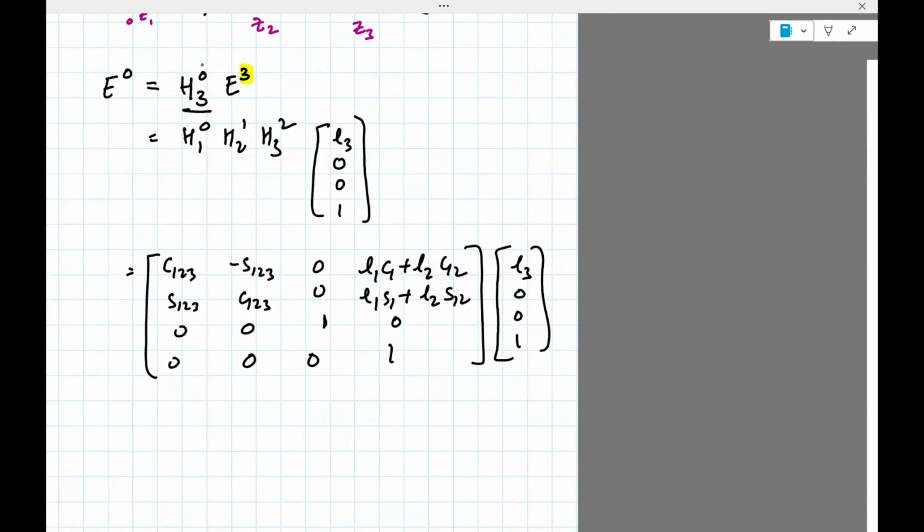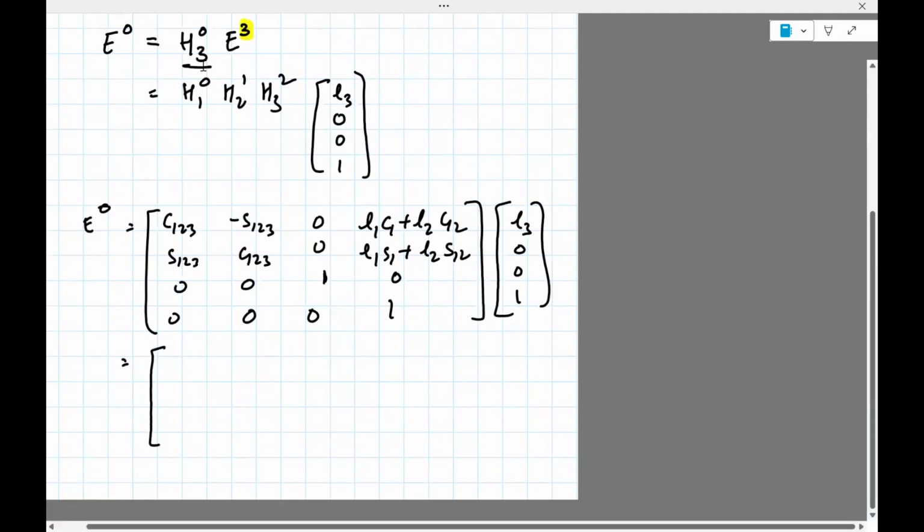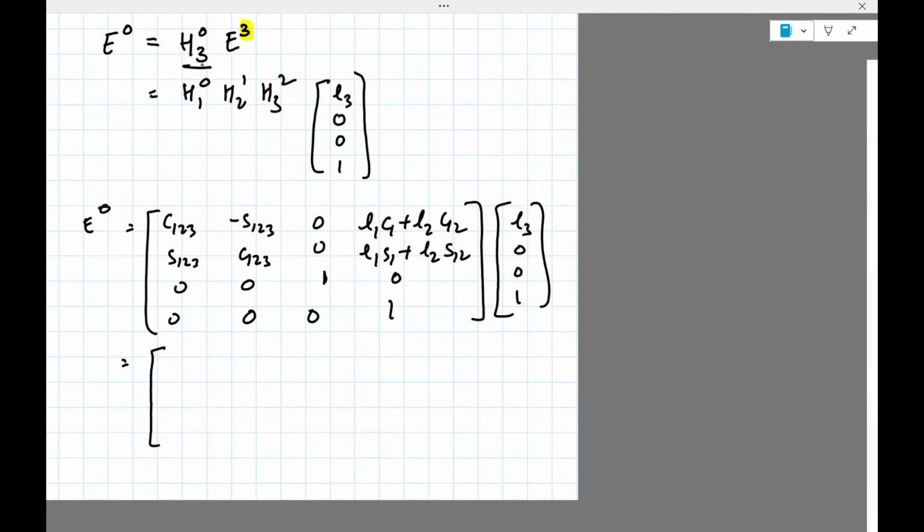And then if you want to find the position of E0, you'll do the multiplication, and what comes out from that is easy to see. It's going to be L3 times this, and then 0, 0, and then 1.